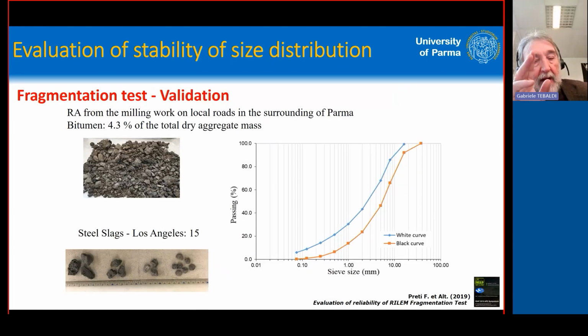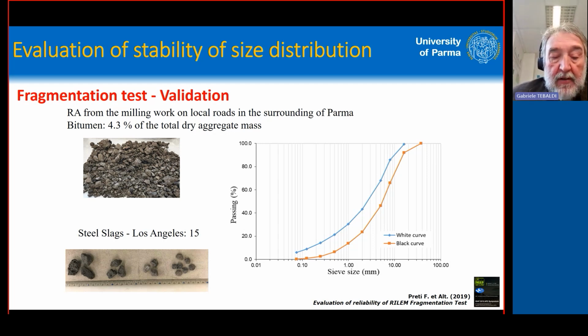Just to show how it's possible to identify changes, to validate the test we decided to take 2 different materials. One is a normal RAP that we took in the area around Parma, and generally it is a binder RAP, so limestone.